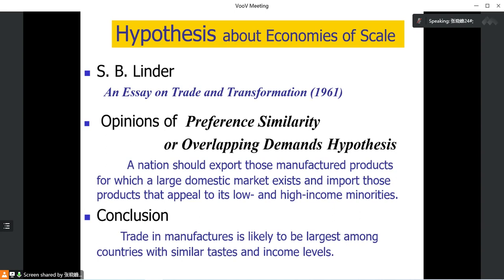We can see what the preference similarity or overlapping demands hypothesis is.